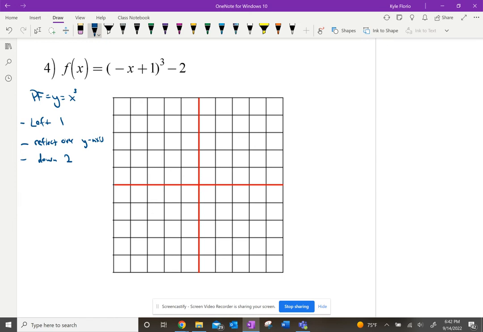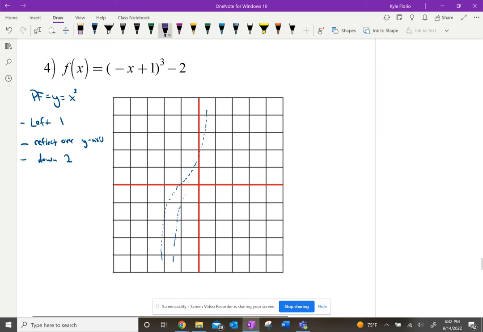So let's see here. The cubic function looks something like that. I'm going to move it left 1, so then it's going to come over here. And then we're going to reflect over the y-axis. So I'm going to erase this one and be careful here.